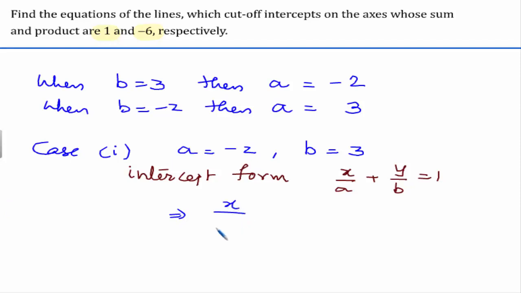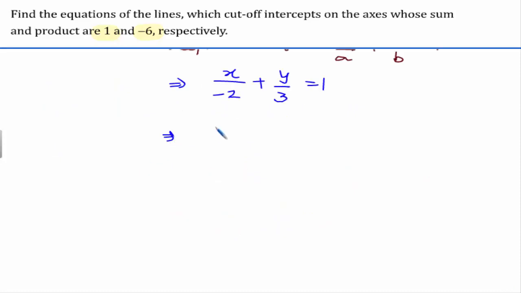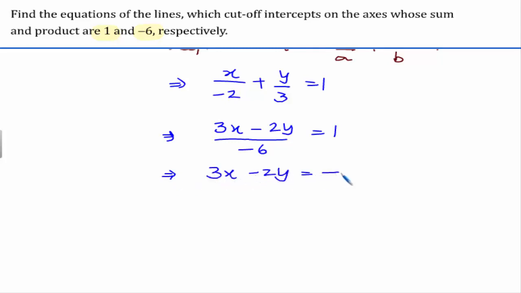We get x by -2 plus y by 3 is equal to 1. If we simplify this, we get (3x minus 2y) by -6 is equal to 1. Then we get 3x minus 2y is equal to -6. So this is the first.